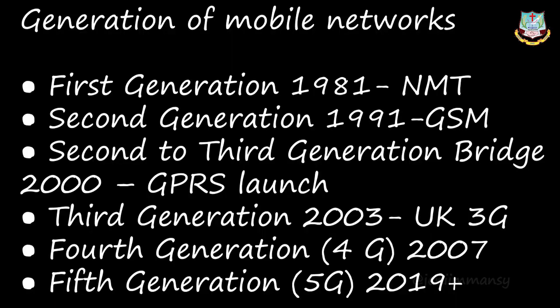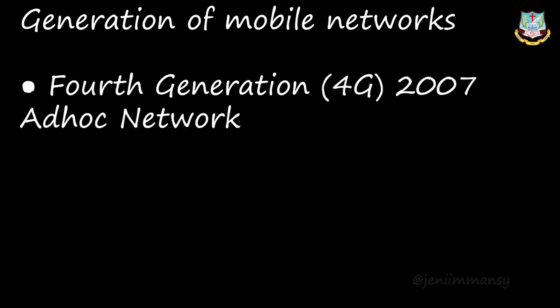The next one is fourth generation, that is 4G. 4G is at the research stage. This was based on an ad hoc network model where there was no need for fixing any infrastructure. Ad hoc networks need a global mobility feature, like mobile IP and connectivity to the global IPv6 network. This will support an IP address for each mobile device.